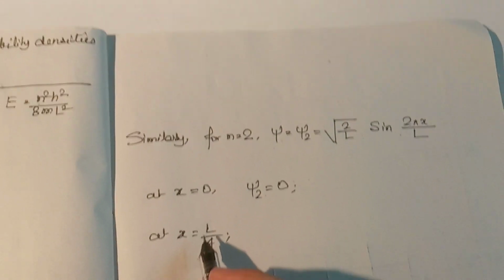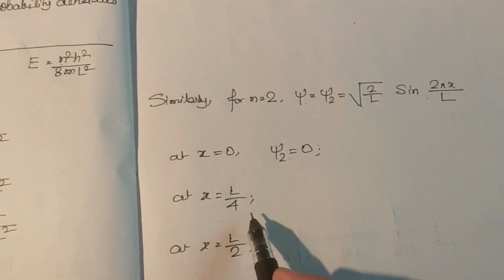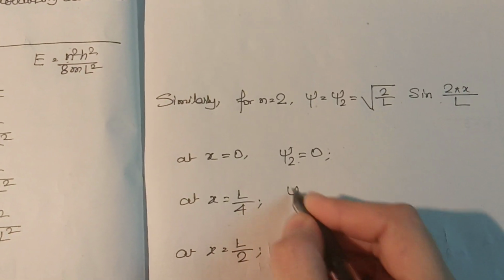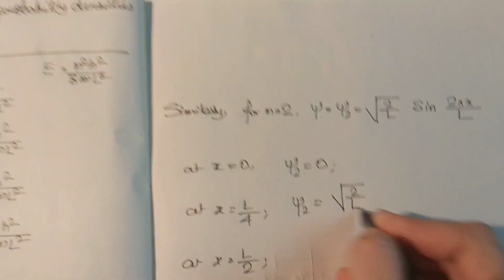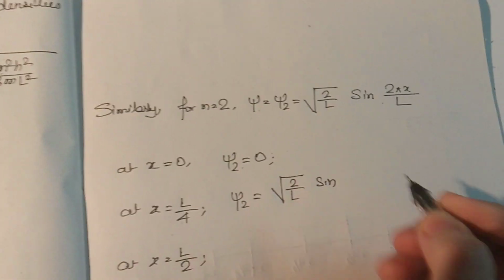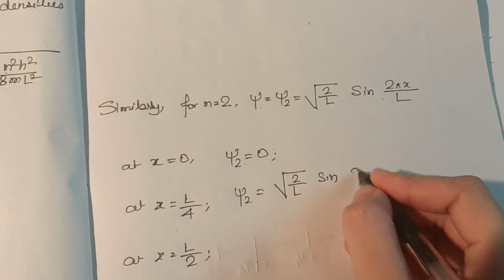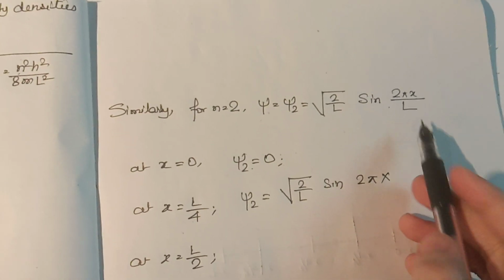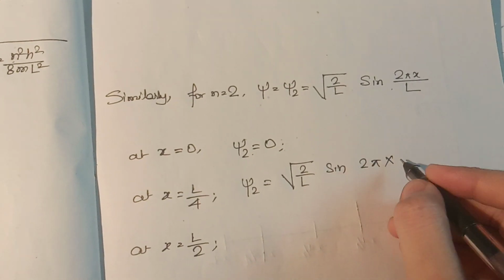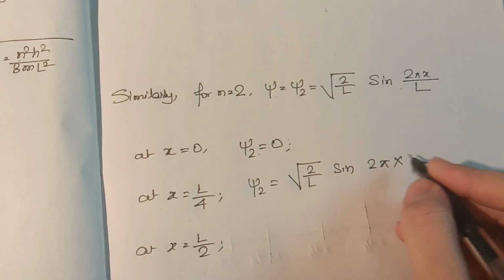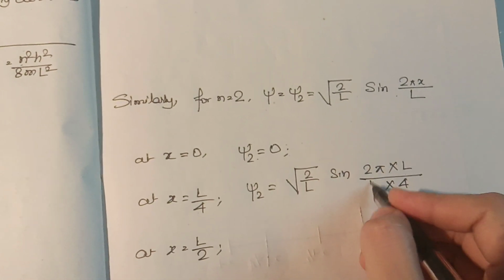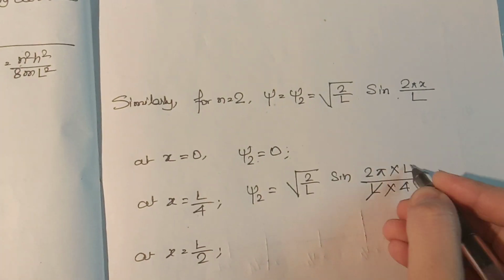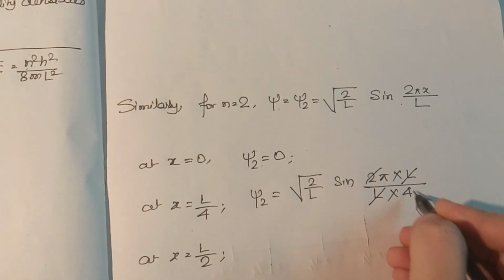Then at L by 4th position of the box, psi 2 value is equal to square root of 2 divided by L sine 2 pi into x. In place of x we are putting L divided by 4, and there is a L in denominator. So L will cancel out each other. 2 2s are 4.